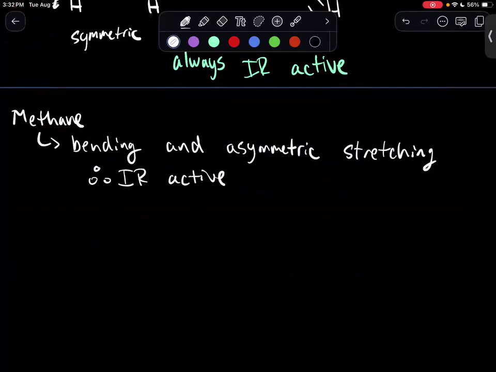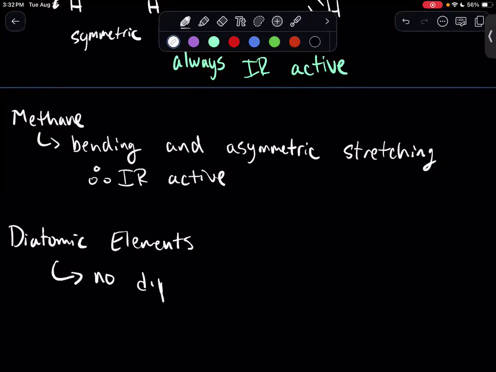The last part of this are diatomic elements. So diatomic elements actually have no dipole moments. And because they have no dipole moments, they can only really have one vibrational mode, which is symmetric stretching, while still not creating a dipole moment. So we know that this is IR inactive.